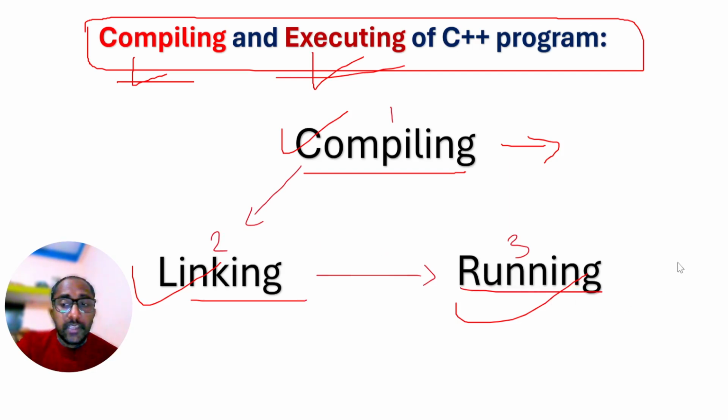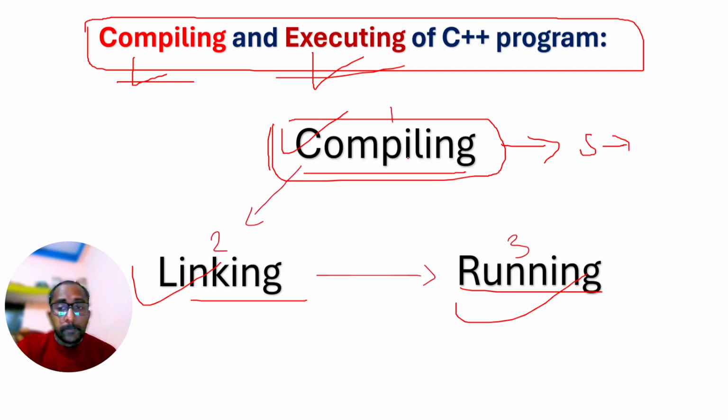So the compiling is the process to convert source code, the code we have written inside the main function in our text editor or IDE, which is called the source code, to machine code that our machine can understand.